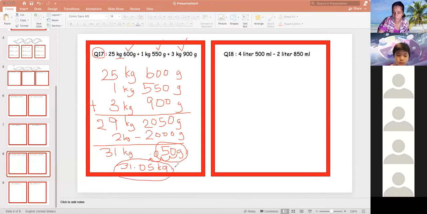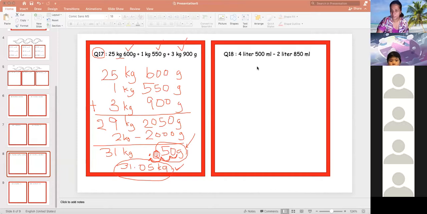If the question says answer in kilograms, then the grams must be converted to kilograms, divide by 1000. So 1, 2, 3. Let me repeat: the decimal will be here and then we put an extra 0 in front of the 5. So 31.05 kilograms. That is if the answer is to be in kilograms.